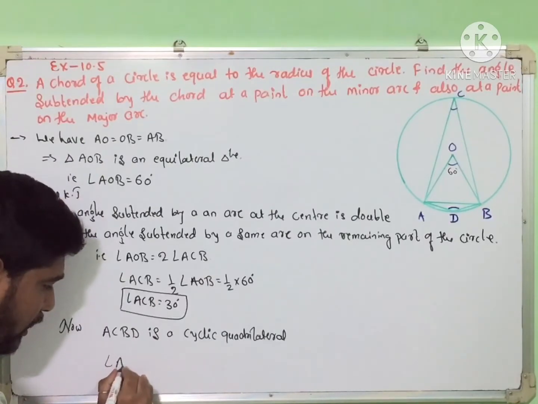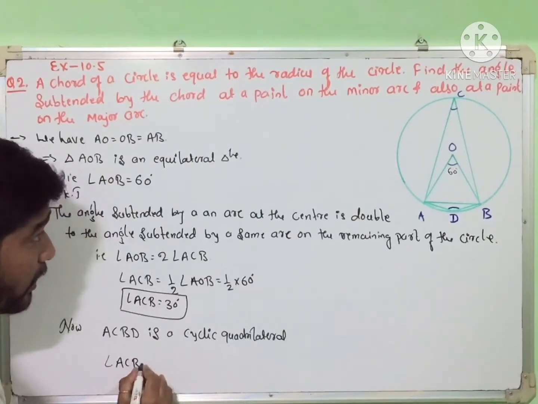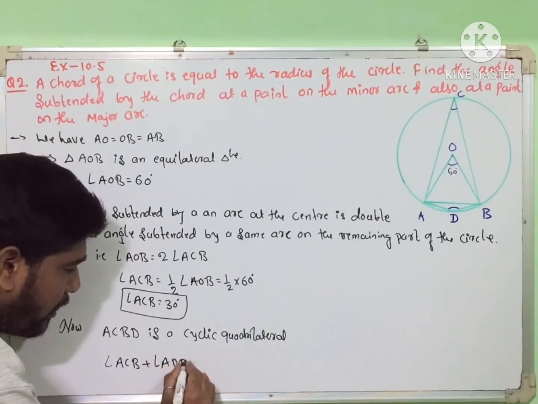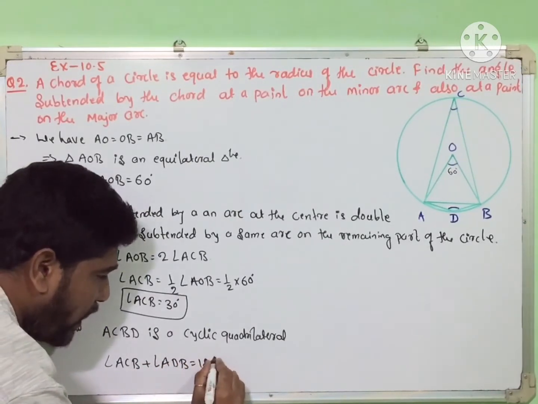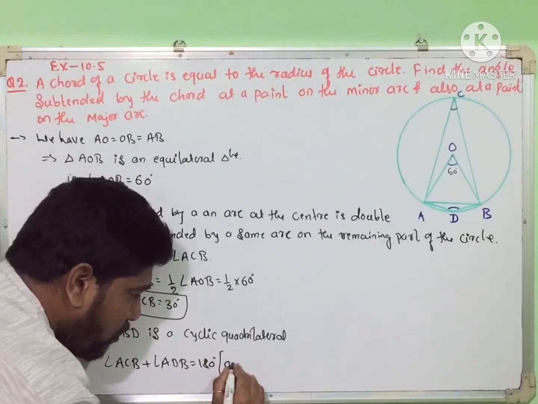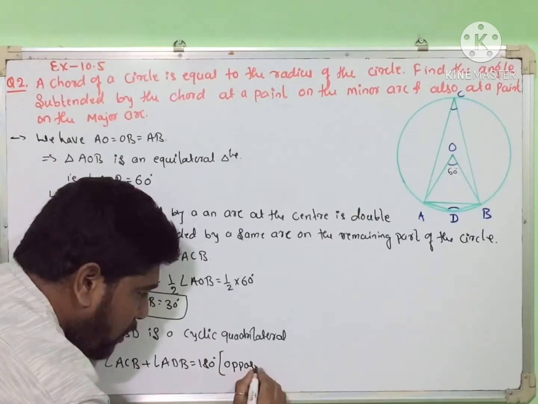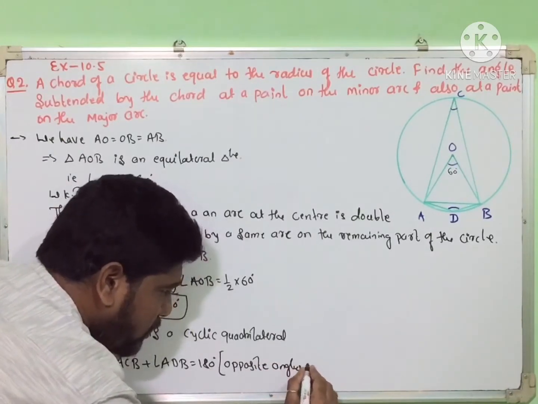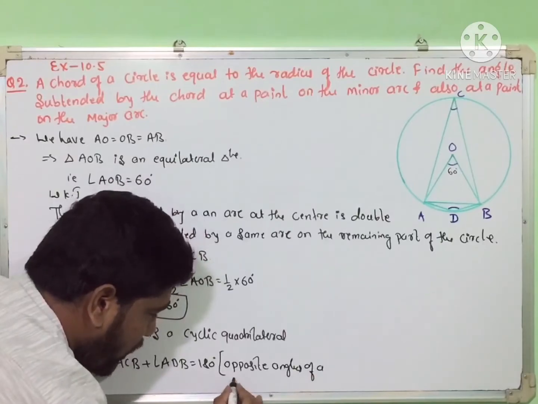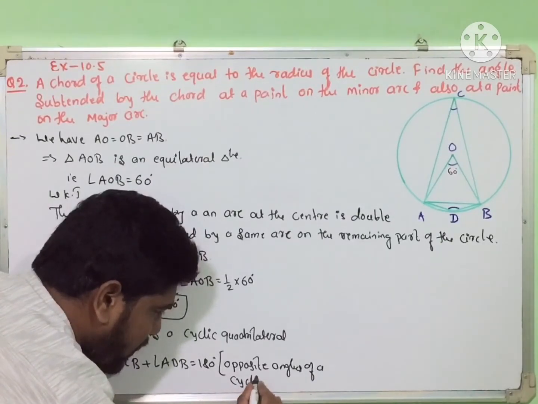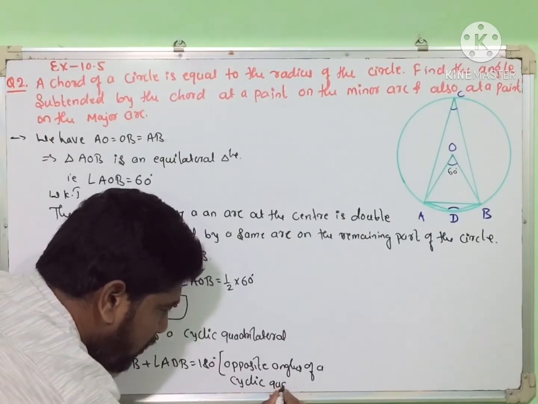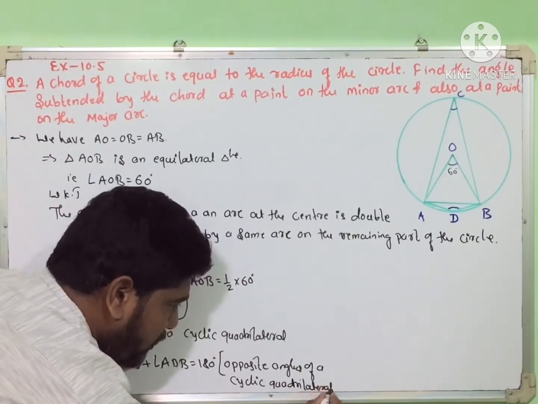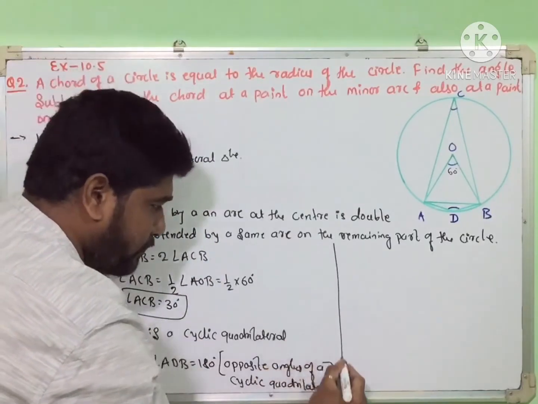So reason: opposite angles of a cyclic quadrilateral. Is it clear?